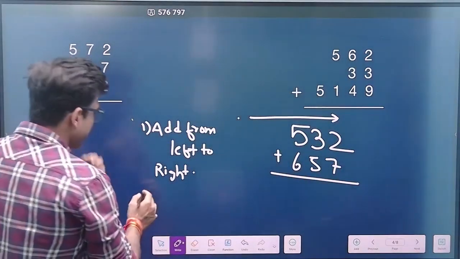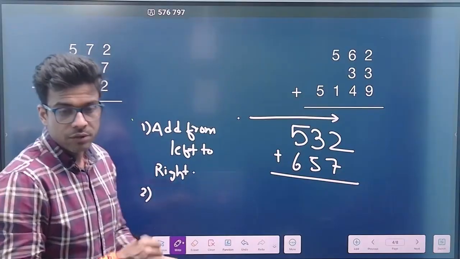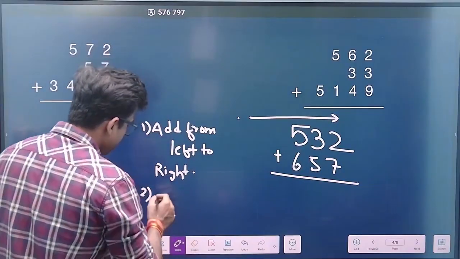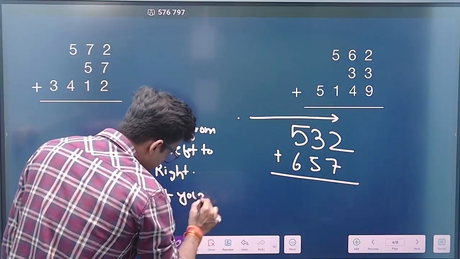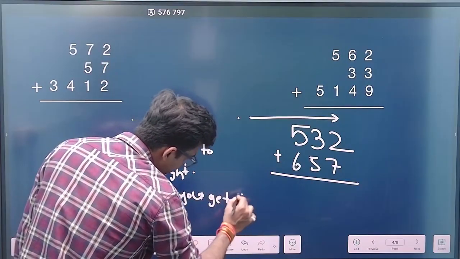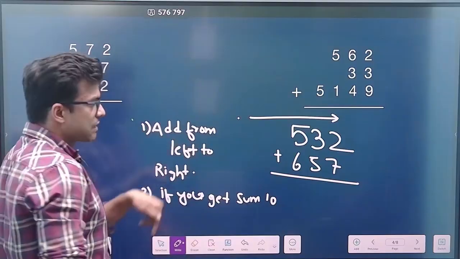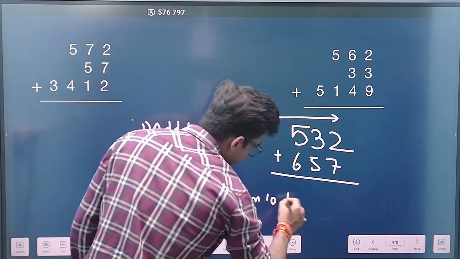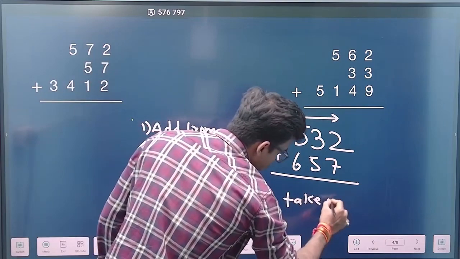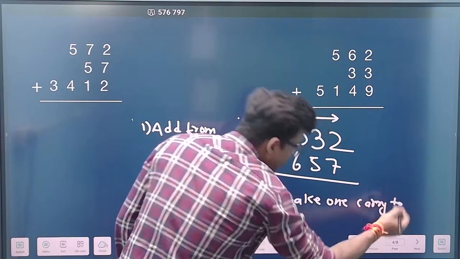Second, what does Vedic math say? If you get a number 10, switch to the left hand side digit. Take one carry to the left hand side of a number.